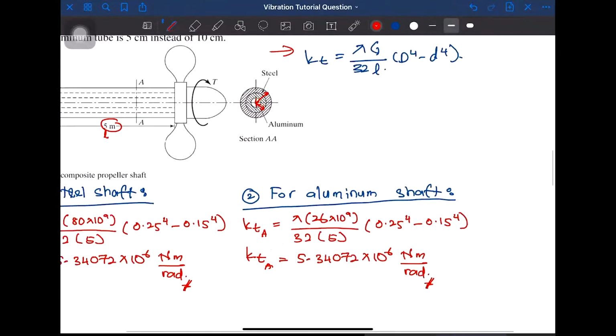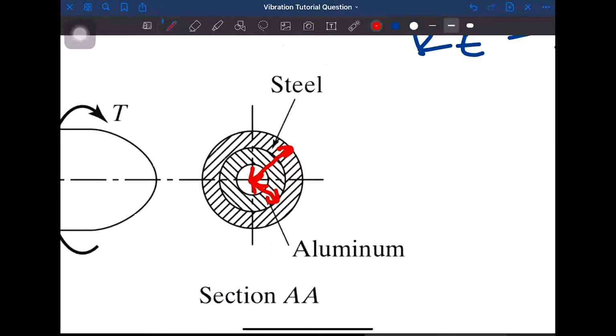And for the diameters, aluminium is on the inside. Steel is at the outermost layer, and aluminium is underneath the steel. So the big diameter for aluminium is this one here, and the small diameter for aluminium is the hollow part here.